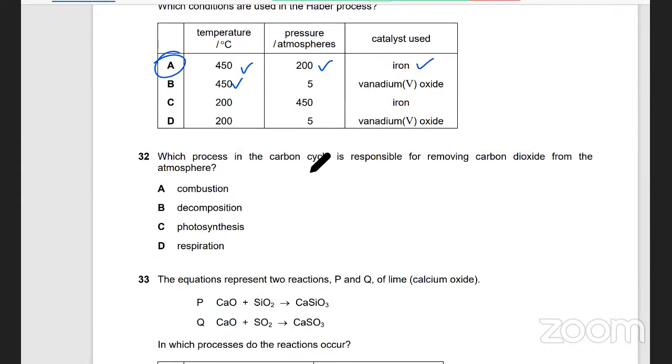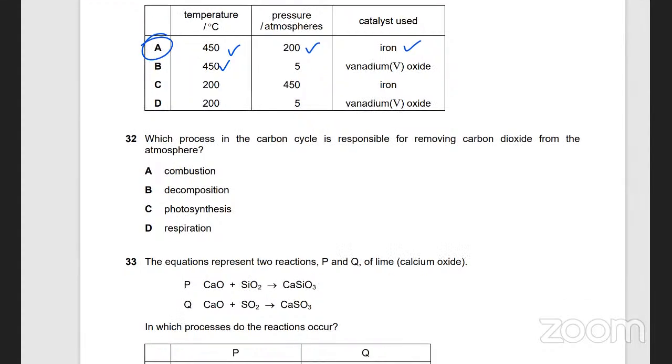ये वैसे बता दो, कार्बन साइकिल is responsible for removing carbon dioxide from the atmosphere, तो कौन सा सही है? Which process removes carbon dioxide? Photosynthesis?